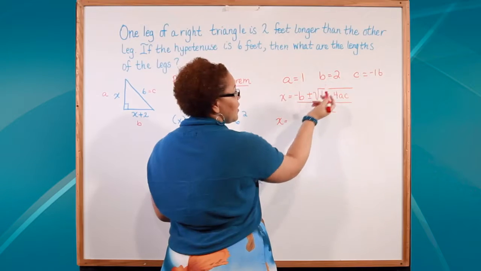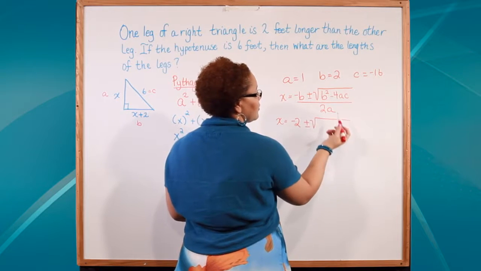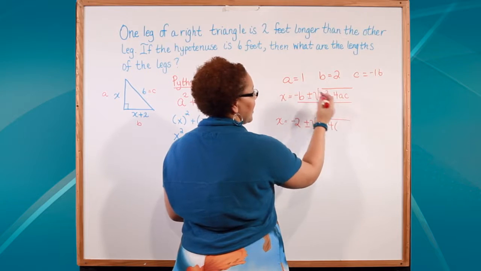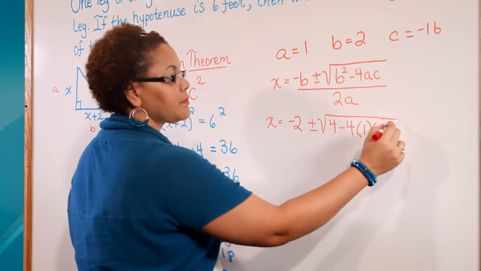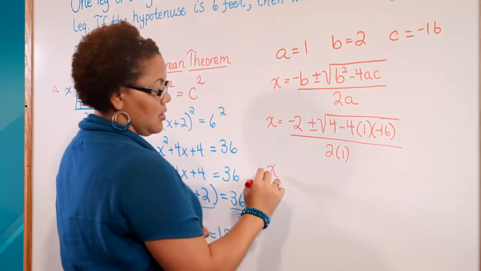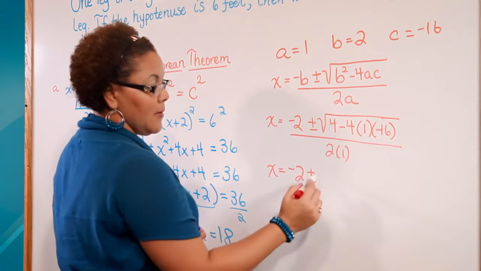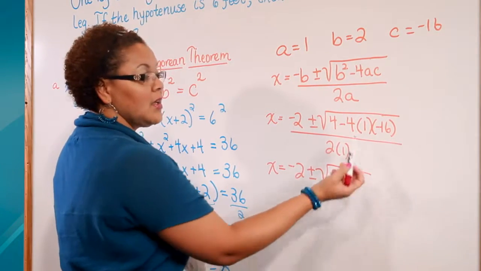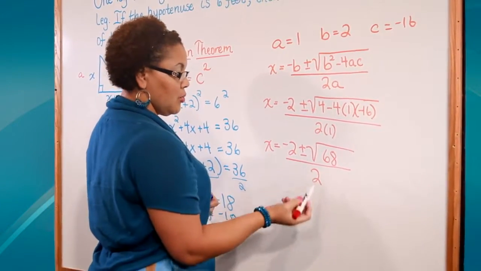So we're going to substitute the appropriate values and solve for x. The opposite of b would be negative 2 plus or minus the square root of 2 squared is 4 minus 4 times a, our a is positive 1, c is negative 16, all over 2 times 1. Again, we'll keep on simplifying until we get to a point of solving. 4 minus 4 times 1 times the negative 16 becomes positive 68 divided by 2.